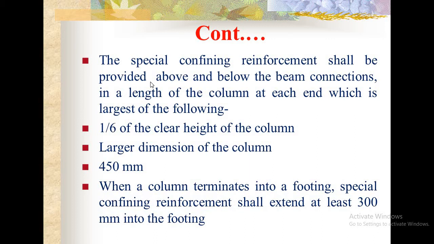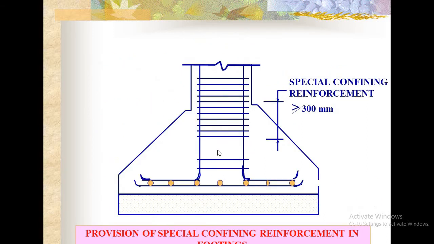When a column terminates into a footing, the special confining reinforcement shall extend at least 300 mm into the footing, like this. This much area is 300 mm.